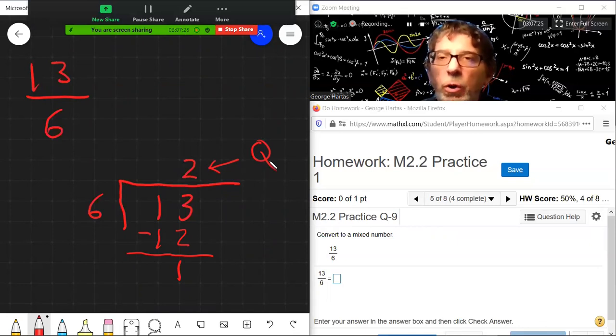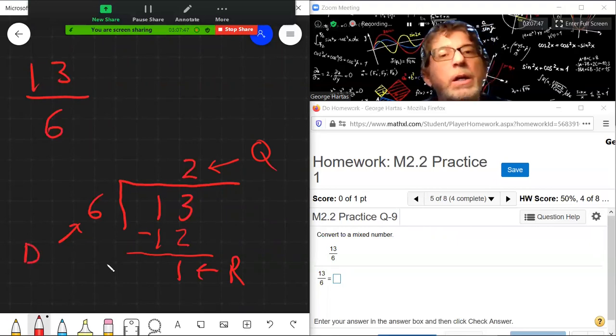I'll just call it Q. This is the remainder, what's left over, and I'll just call it R. This is the divisor. It's what we're dividing by. I'll call it D. So why am I doing this? Here's why.